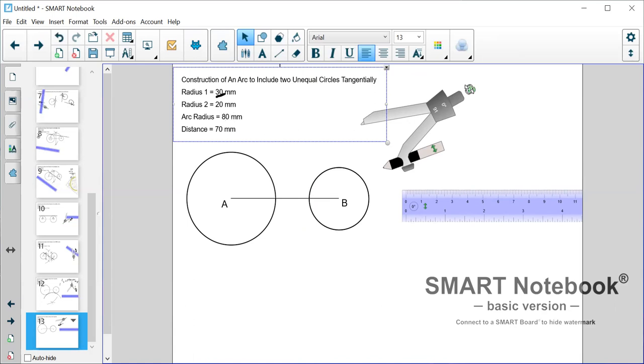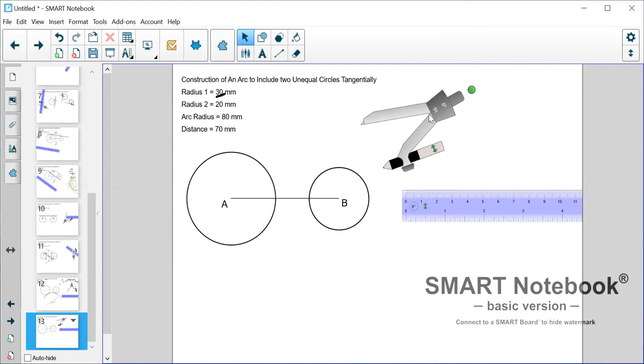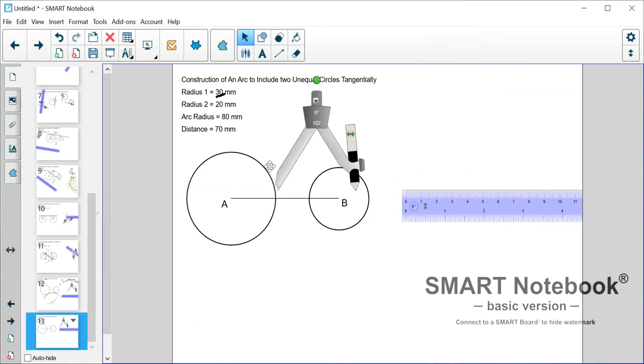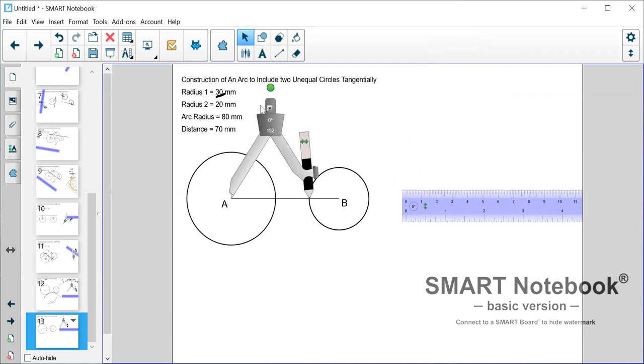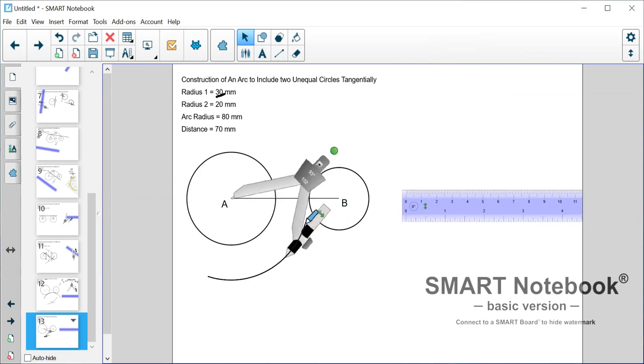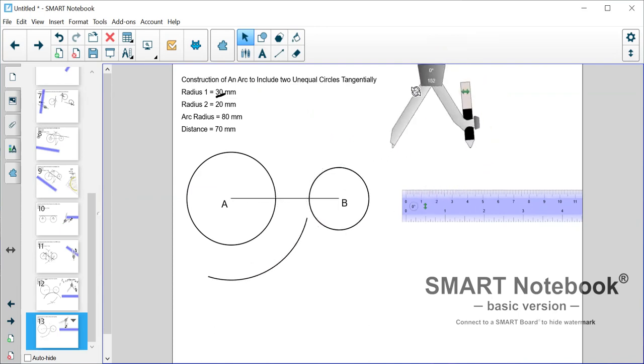Right, just so that we have a different point. So subtracting 30 from 80 will leave us with 50. So we'll use a radius of 50 mm. And we'll come here and scribe the arc below. Right, remember in this case, we subtract, we're not adding anymore. Right, we're subtracting. And we draw the arc nice and long because we don't know where the other one will intersect. Right, so we just want to make sure.